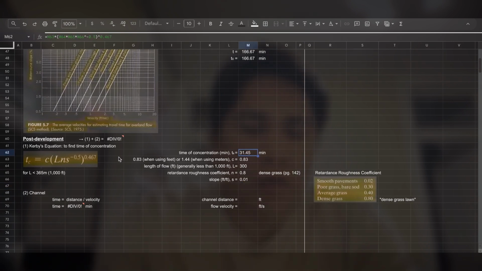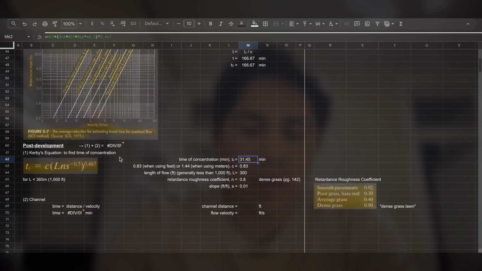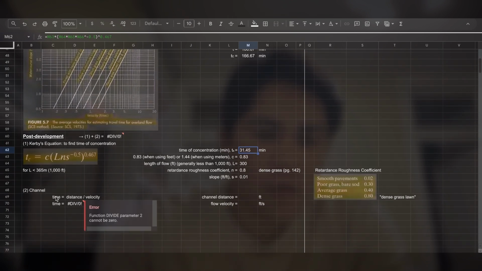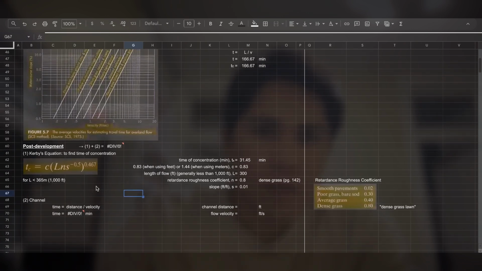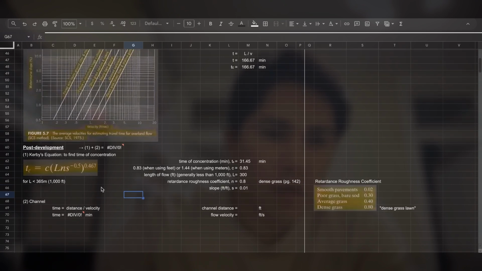That's while the water flows overland. Now we need to use the same time equals distance over velocity that we used before to solve for the channel. And that's for the same reason: we are not given information about the channel to use the Manning equation.